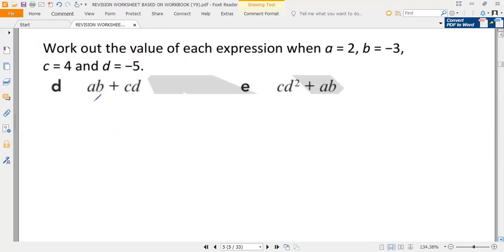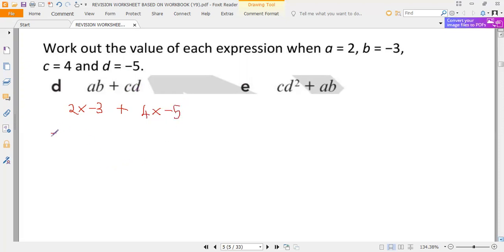Okay. So to begin with, question D here, AB plus CD. So AB means A times B. CD means C times D. So A is 2, 2 times B, which is -3, plus C times D. C is 4 times -5.